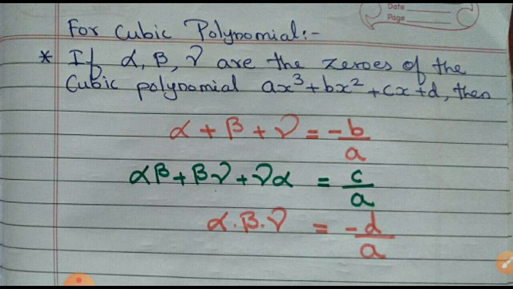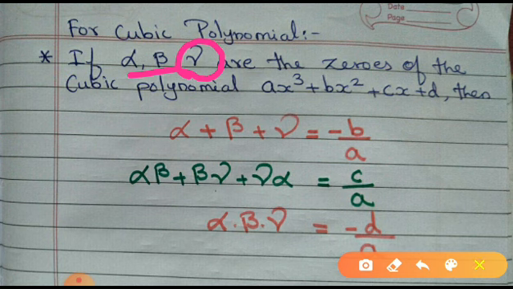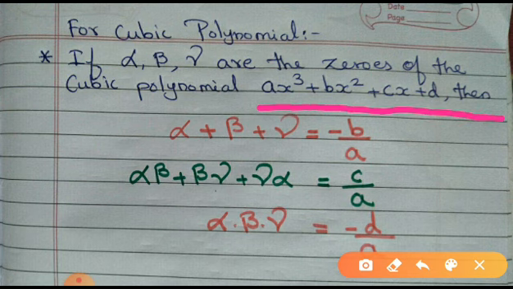Now suppose alpha, beta and gamma, this symbol is called gamma, are the zeros of the cubic polynomial ax cube plus bx square plus cx plus d. Then the sum of the roots, alpha plus beta plus gamma, is equal to minus b by a.